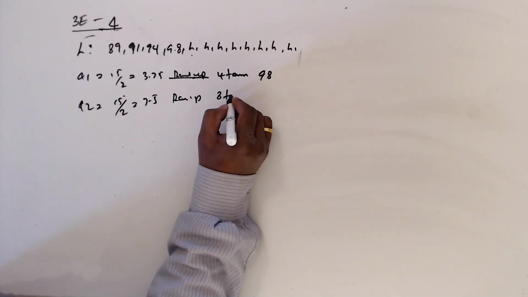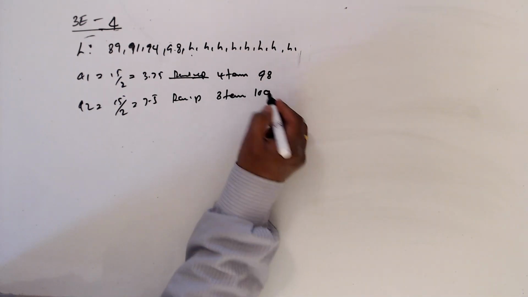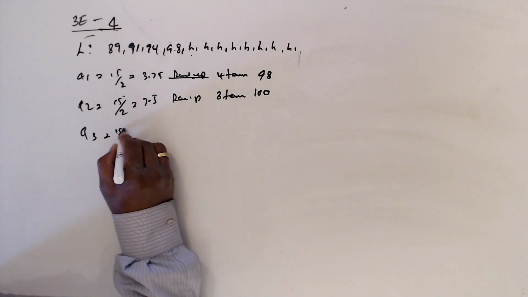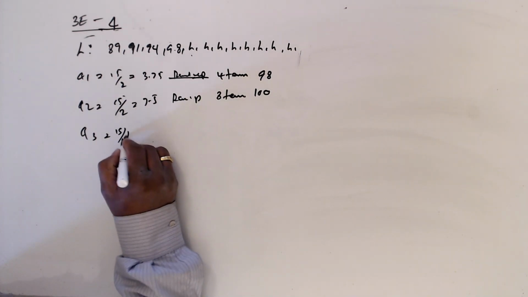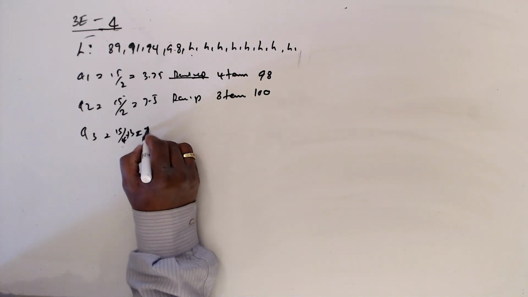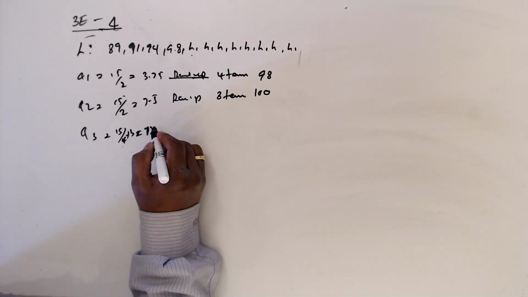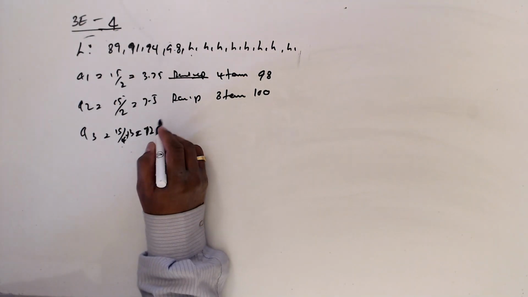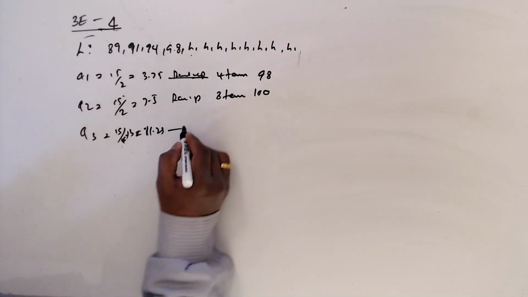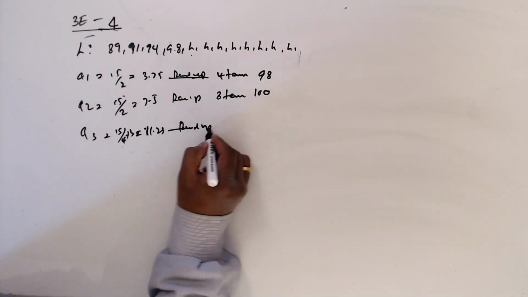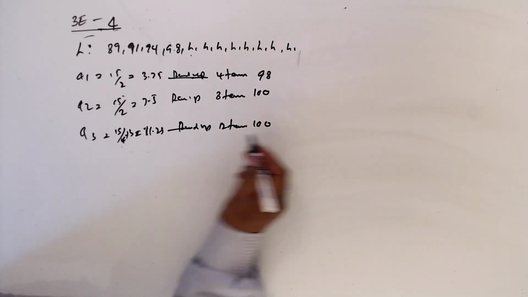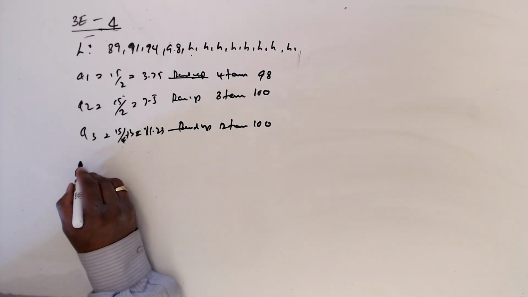So the 8th term is 100, and Q3 I don't need to work out actually, still all hundreds. It is 3 times 3.75, 11.25, so round up, which is the 12th term. This is 100.